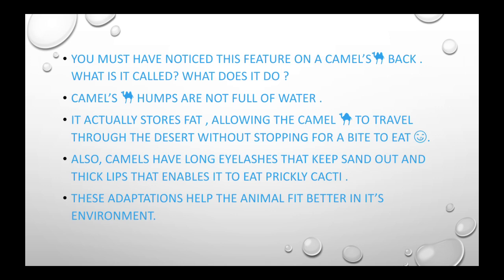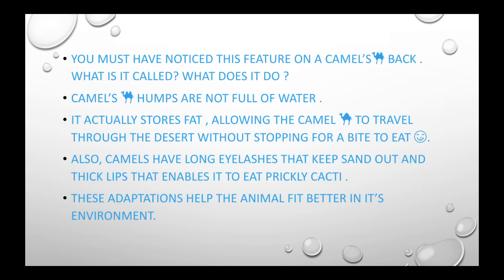Okay, so let's move to the second question. You must have noticed this feature on the camel's back. What is it called? What does it do? Camel humps are not full of water.